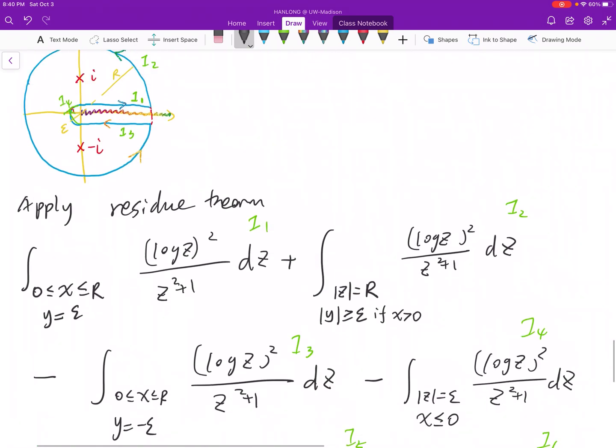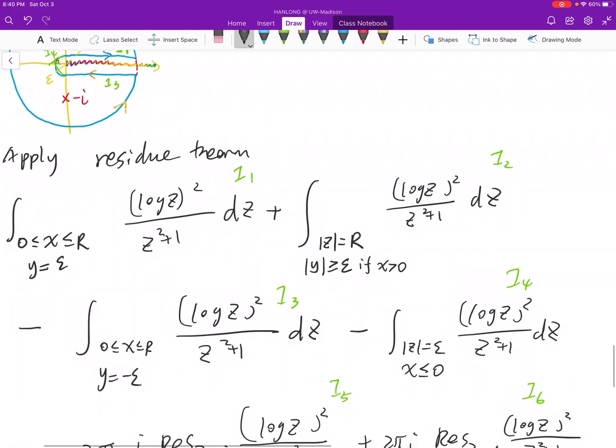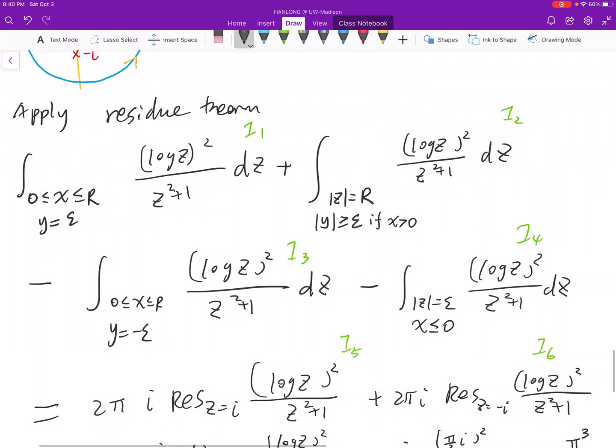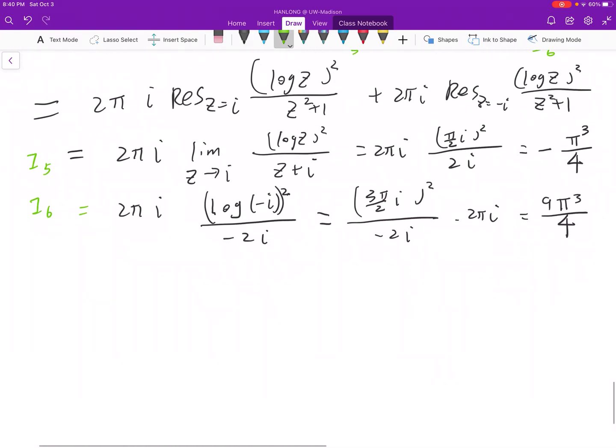Okay, now let's look at the second one, I2. We need to parameterize it because it's a bigger circle.